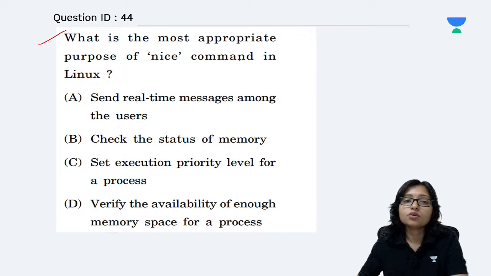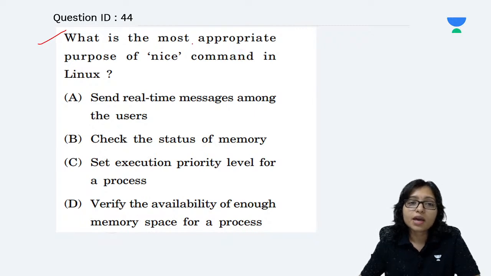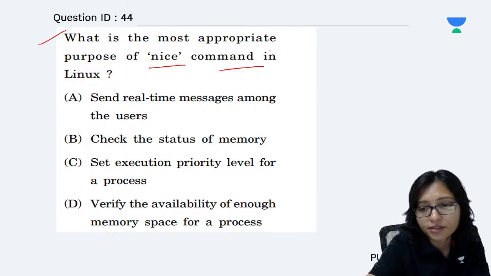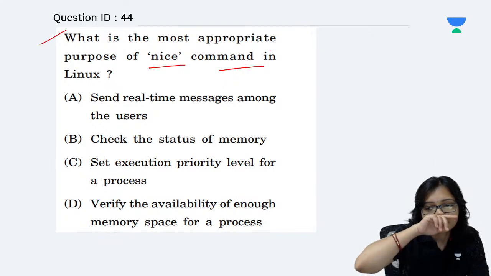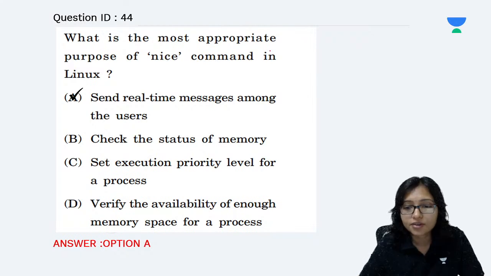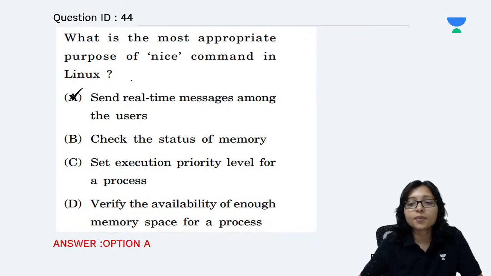Okay. Now do this. What is the most appropriate purpose of the nice command in Linux? Why are we using the nice command? Yes, here the answer is the nice command runs at a priority lower than the normal command.